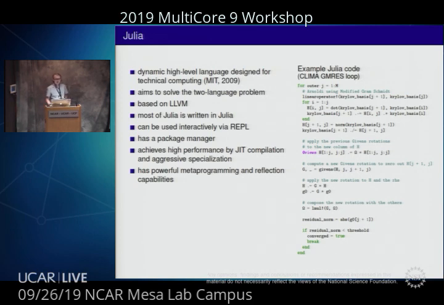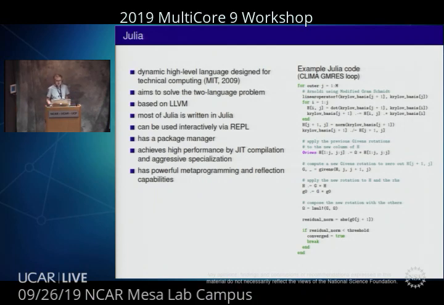And Julia is really designed for scientific computing to solve the so-called two-language problem, where you prototype the code in one language, but to get performance you need to move to a different language. This is based on LLVM, and to prove that you can use Julia for building high-performance stuff and to not have to use another language, most of Julia is written in Julia.